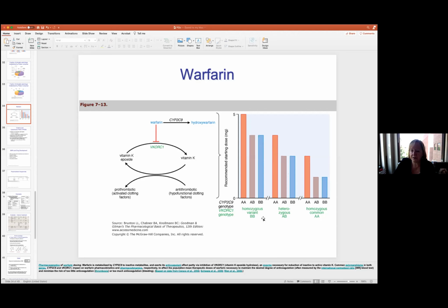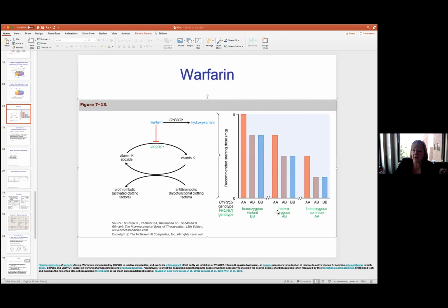Depending upon the combination of the two, the CYP2C9 genotype being homozygous for B and the homozygous variant BB for the VKORC1, you're now at the equivalent doses of a person who is at the opposite end of the spectrum for 2C9.